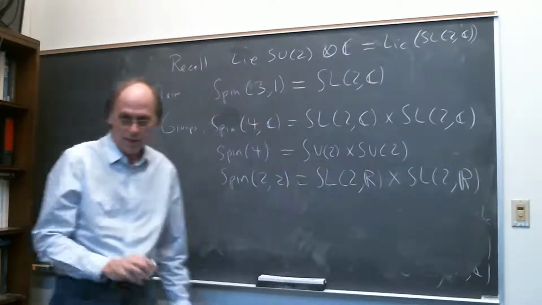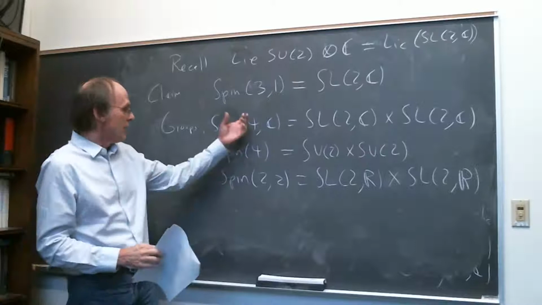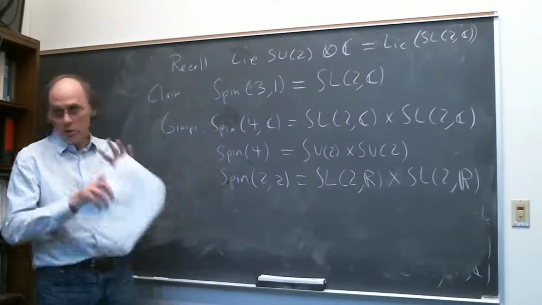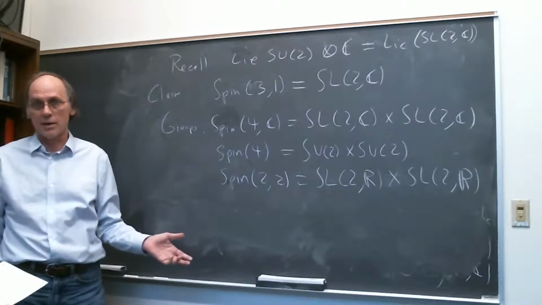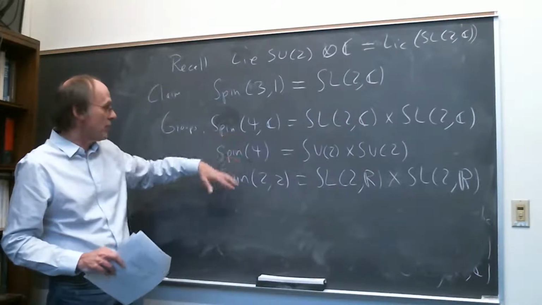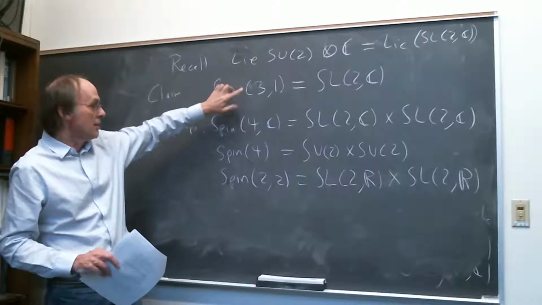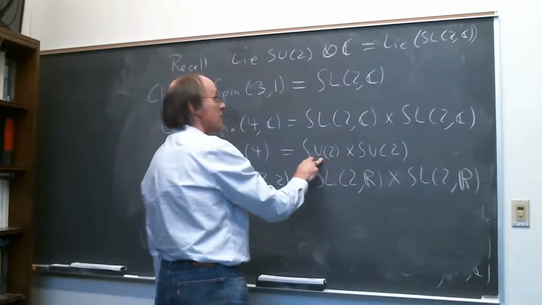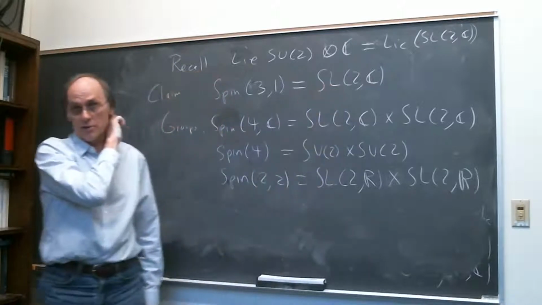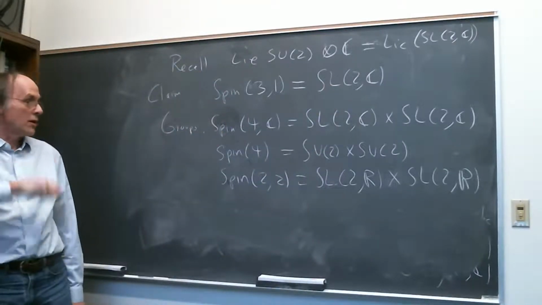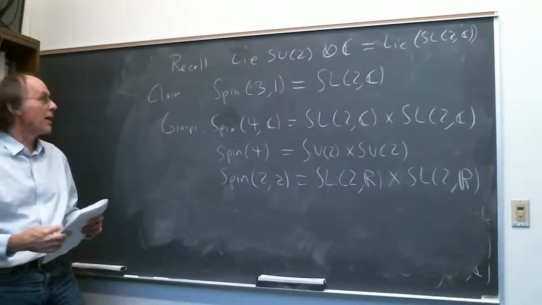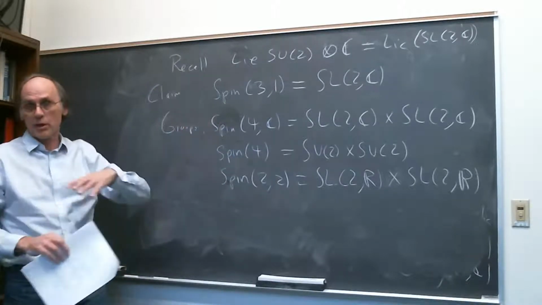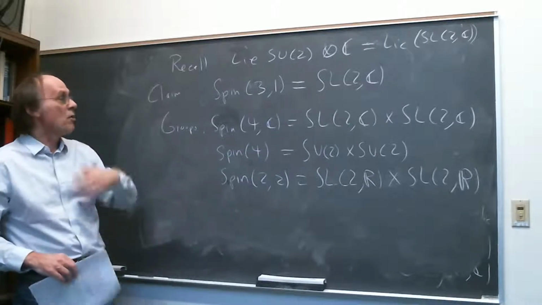So as you change the signature, if you think about the real Lie algebras, the real groups, or the real Clifford algebras, you get three different things. You get 2 copies of SL2R, or 2 copies of SU2, or 1 copy of SL2C. But if you complexify and look at complex ones, you always get the same thing.